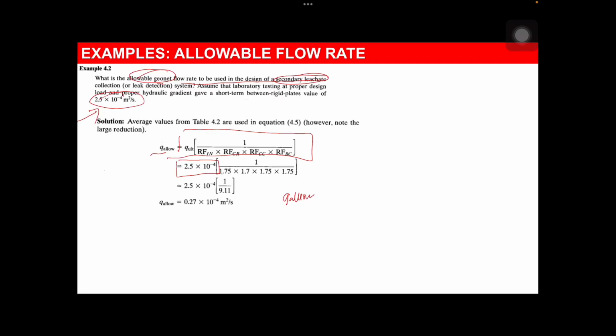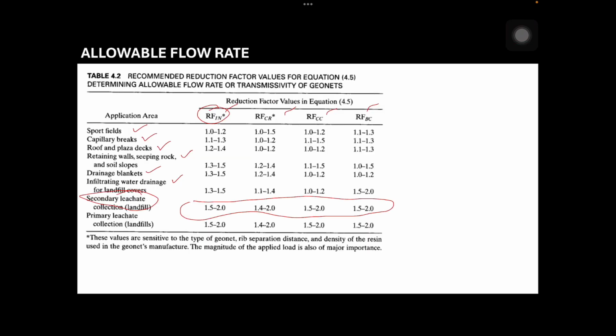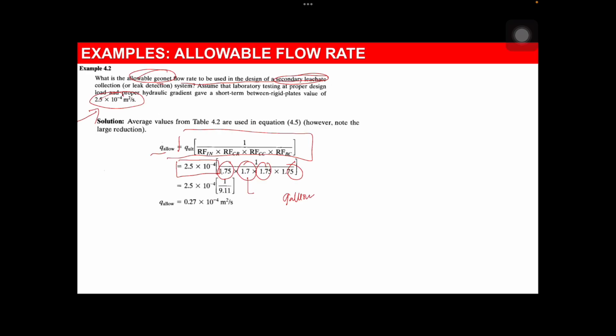So, anong ginamit niya? So, lahat 1.75. Pero kay, what is this? Ito yung creep, CR, no? Mas mababa ang ginamit niya sa creep. So, that's okay. Within the limit naman siya. So, answer is ito.